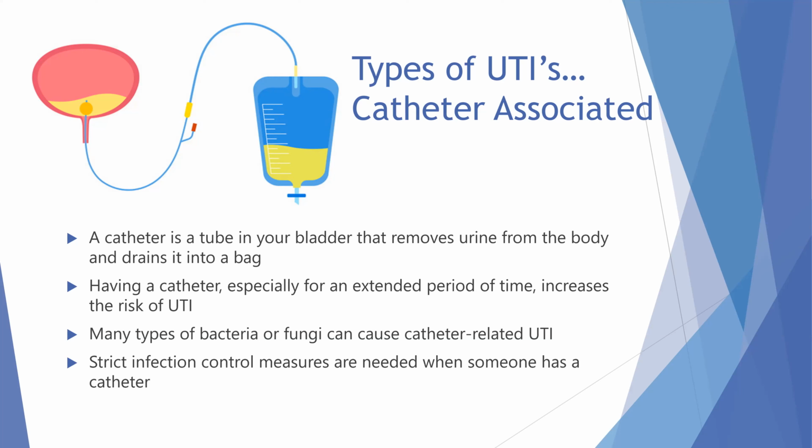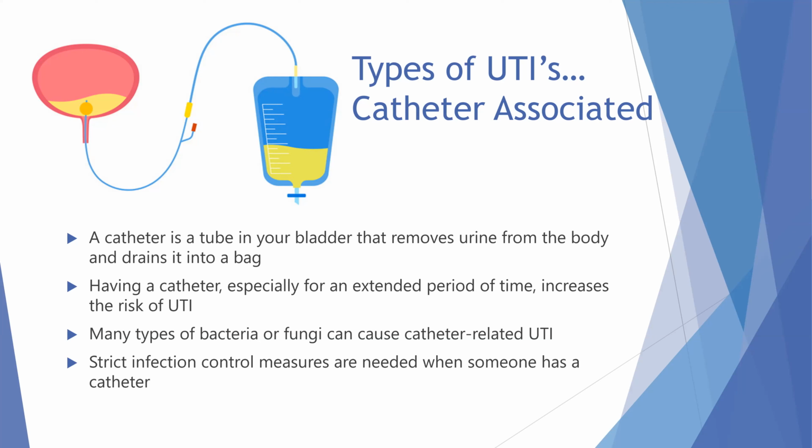Many types of bacteria and fungus can actually cause catheter-related UTIs. When I say fungus, I'm mainly referring to candida or yeast, which we see fairly often in folks who are hospitalized or have a catheter for a long period of time and are being treated with antibiotics.